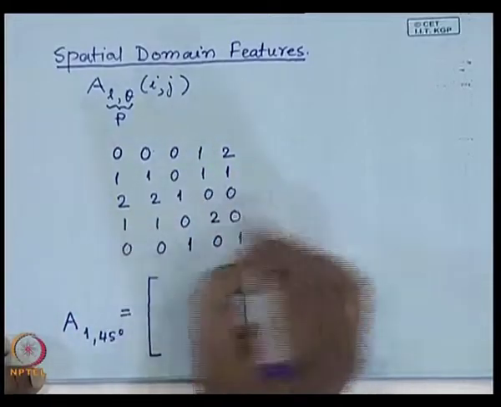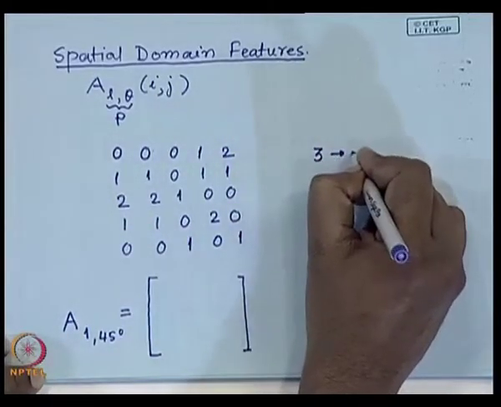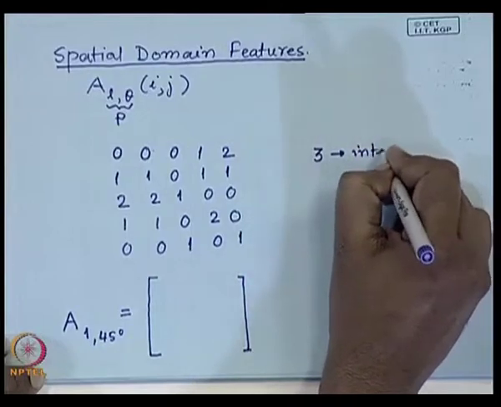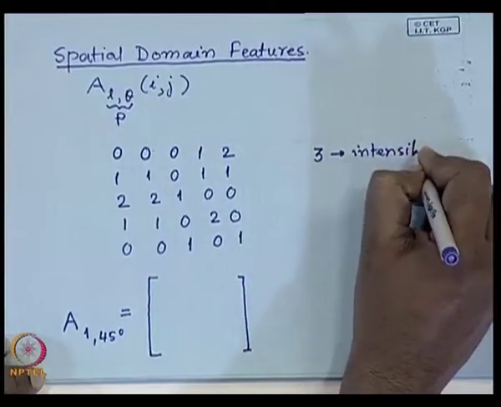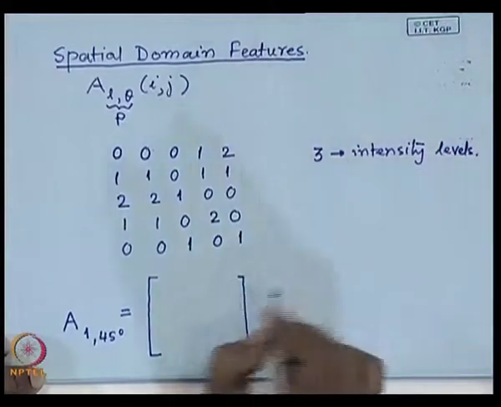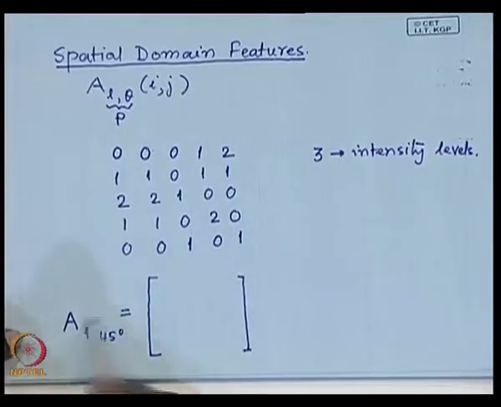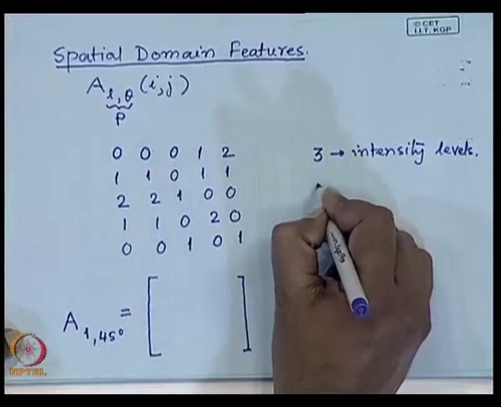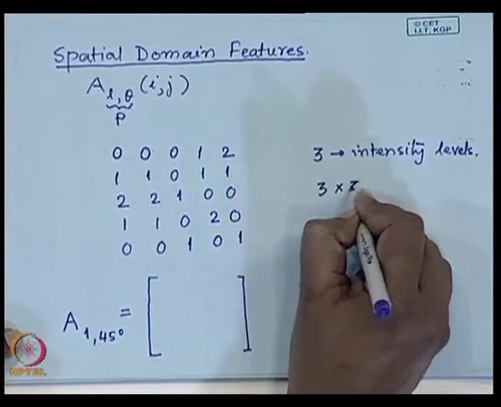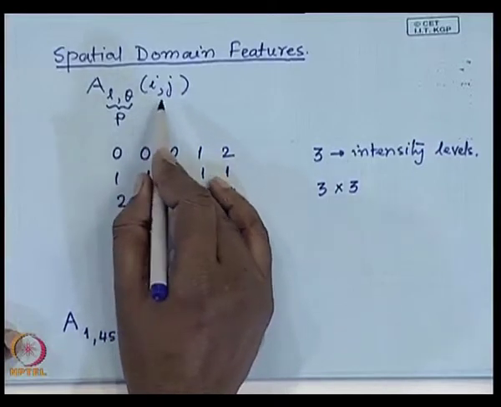Now, here you find that there are 3 different intensity levels: 0, 1 and 2. So, naturally this matrix A will be of dimension 3 by 3, because it is indexed by intensity values, i and j are nothing but the intensity values.